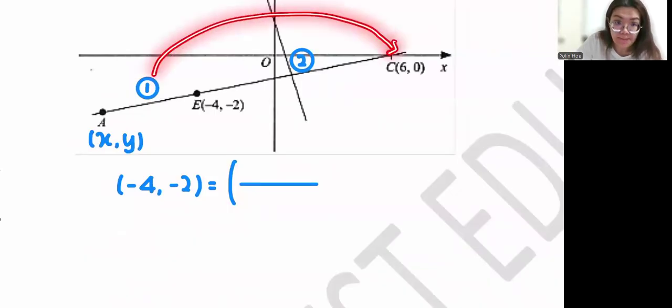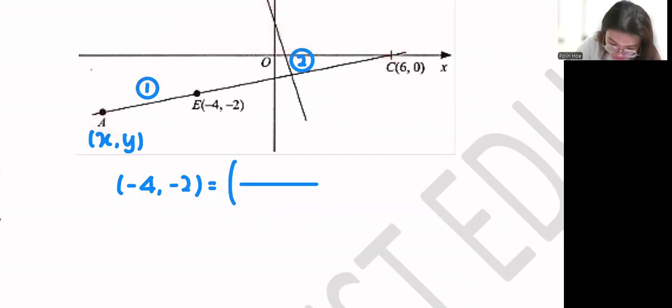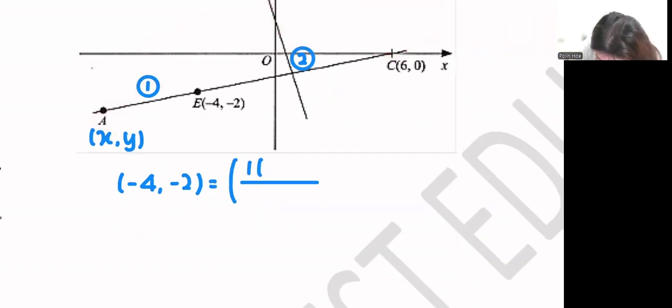Ratio 1 multiply by 6 plus ratio 2 multiply by X over, can you write 3? No, if you write 3 you are totally wrong. 1 plus 2. Follow the formula.